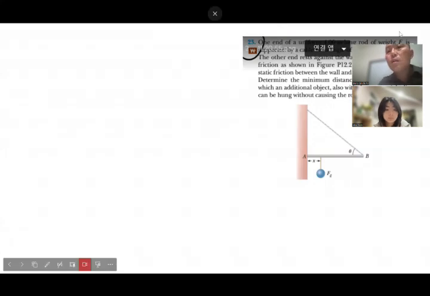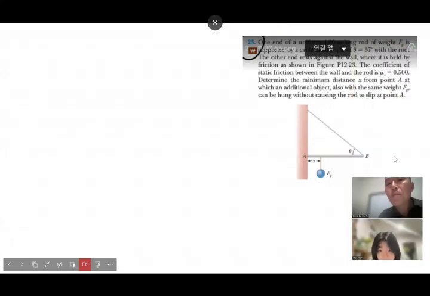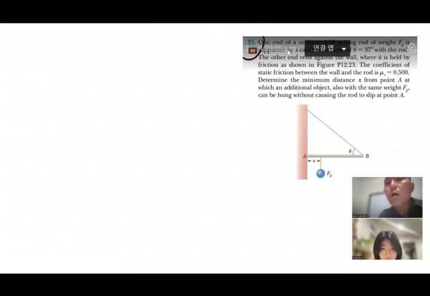Okay, the next one is: on the one end of a uniform 4-meter long rod of weight Fg, which is suspended by the cable at an angle of 37 degrees with the rod, the other end rests against the wall where it is held by the friction, as shown in figure 12.23.